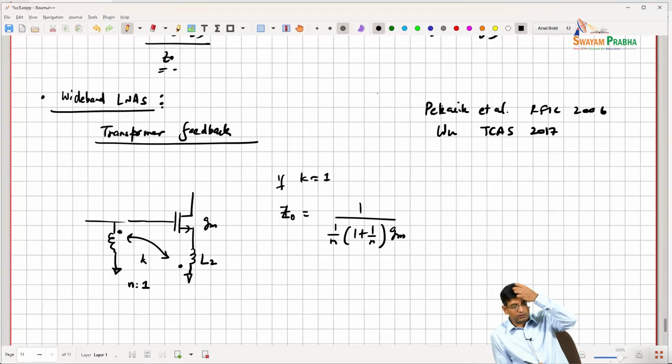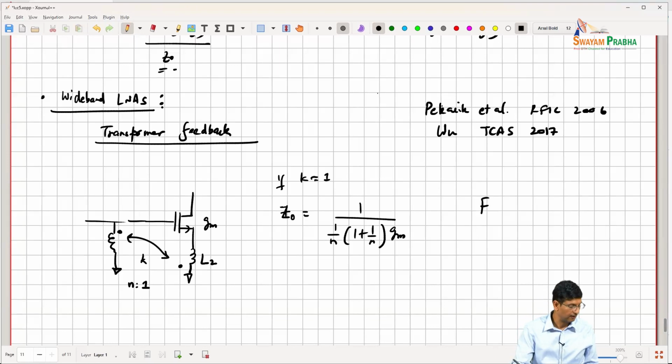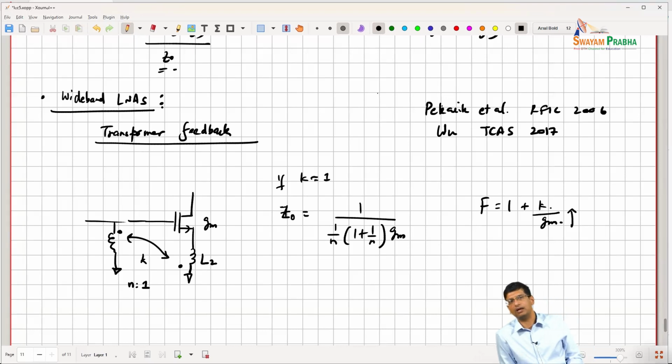And what you have is also that your noise figure is 1 plus some factor, let's call that factor K again, that is 1 plus K over gm, something like that. So you basically want to increase your gm in order to bring your noise factor down.